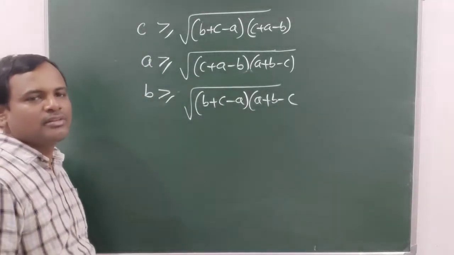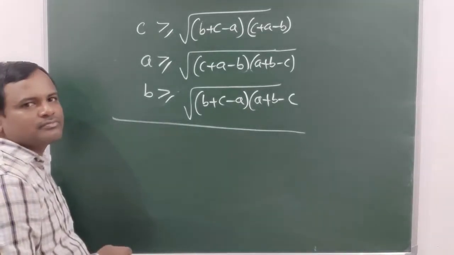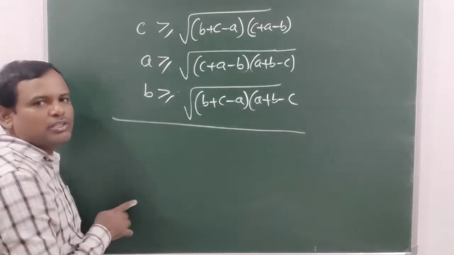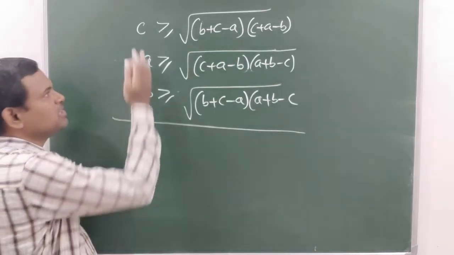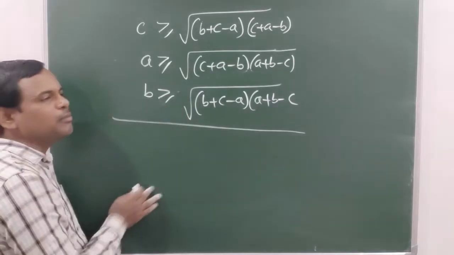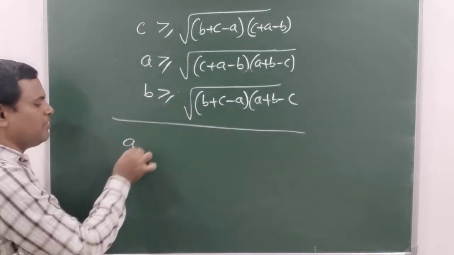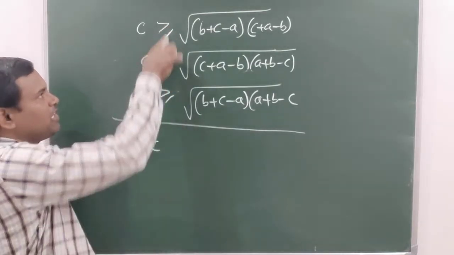Okay. So now hereafter, as you know, A, B, C are positive quantities. So the left side things and right side things are positive only. Now take the product on either side. When you multiply these three here, we will get ABC.